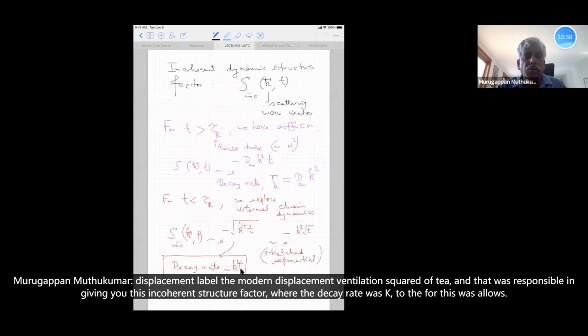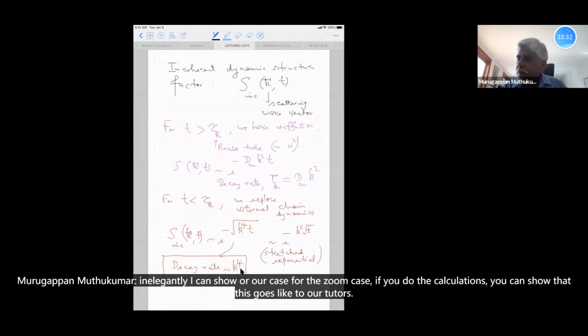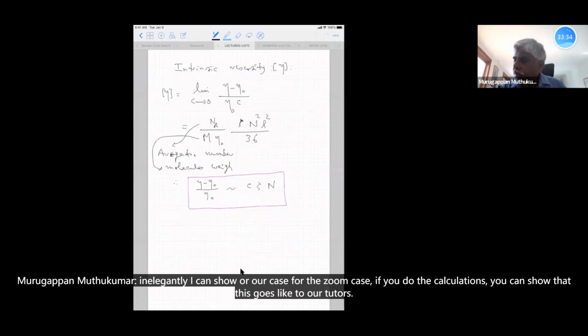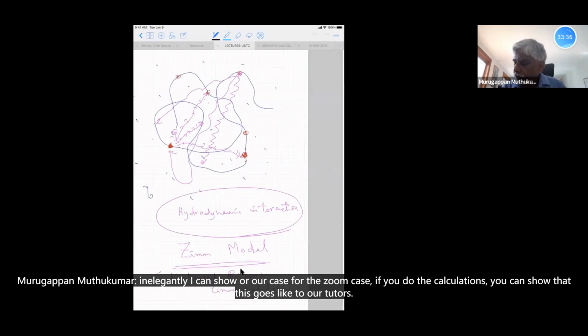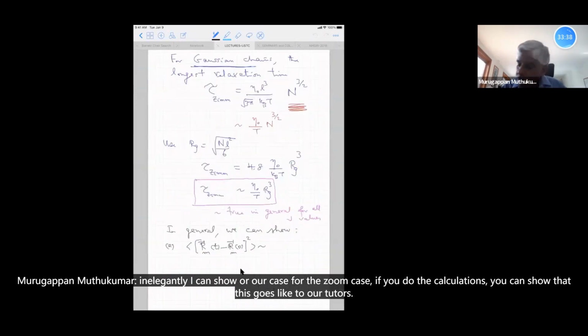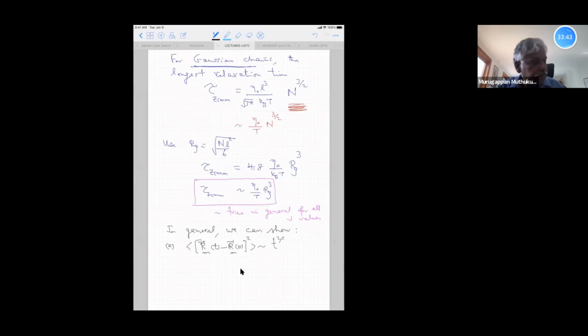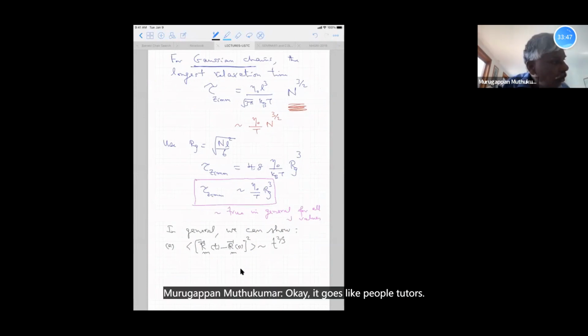This was Rouse. Analogously, for the Zimm case, if you do the calculations, you can show that this goes like T to the power 2/3. Okay, it goes like T to the power 2/3.